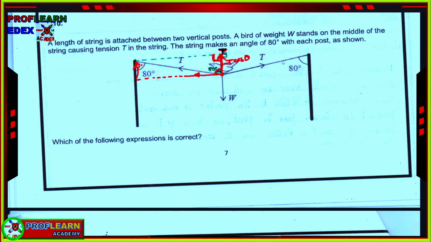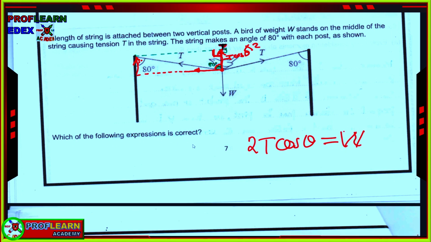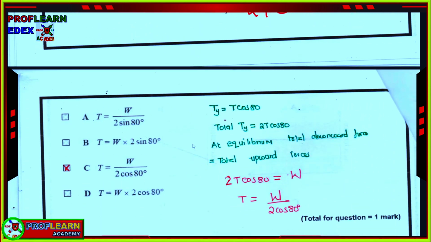But there are two of them, so we are going to multiply this answer by 2. So 2T cos theta is going to be equal to W, because of equilibrium. But the question is, which of the expressions is correct? Let's see. T in the y direction, that is the vertical component, is going to be this.